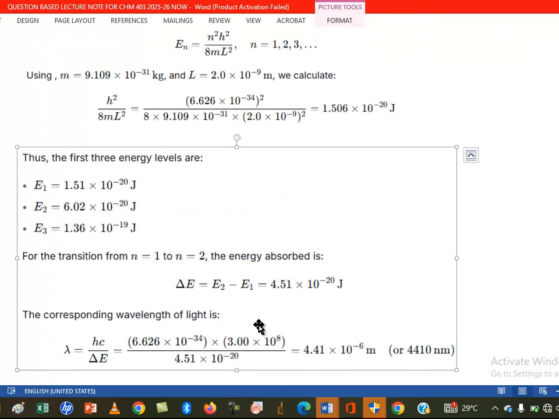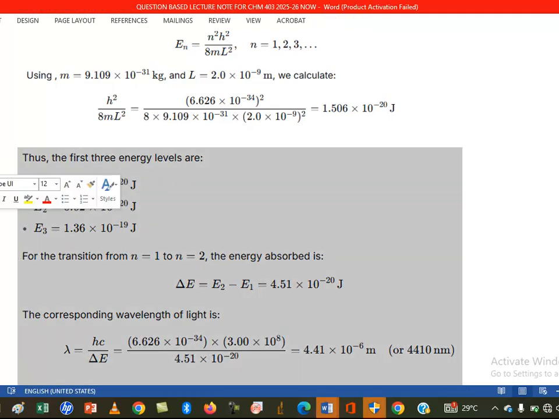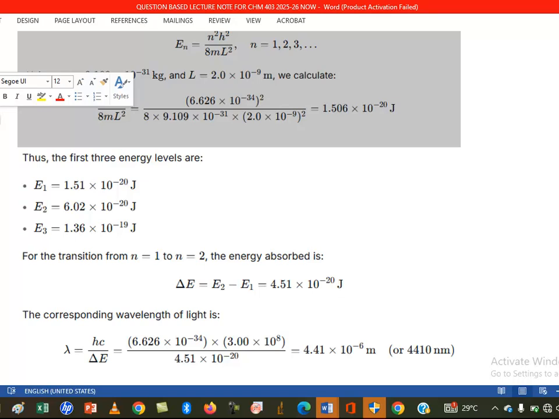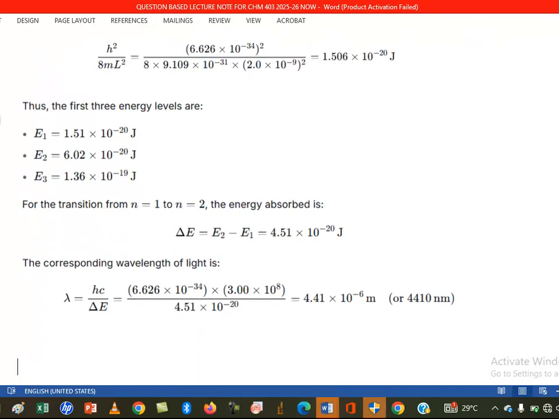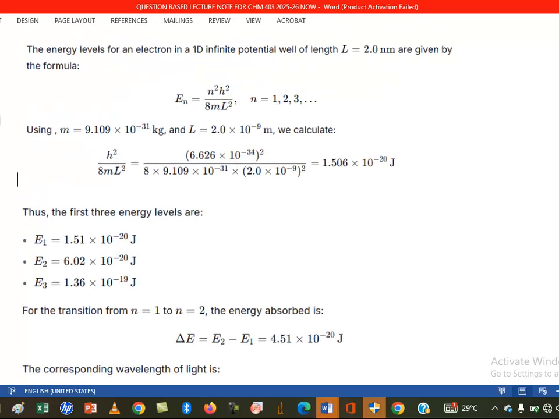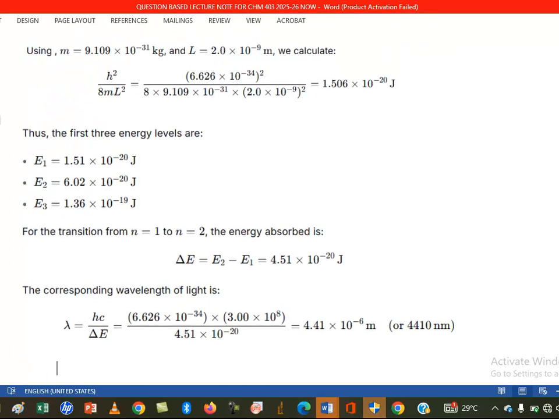Now remember, that's the second part of the question. What will be the wavelength of light absorbed for a transition from n1 to n2? So there you see a transition n1 to n2.